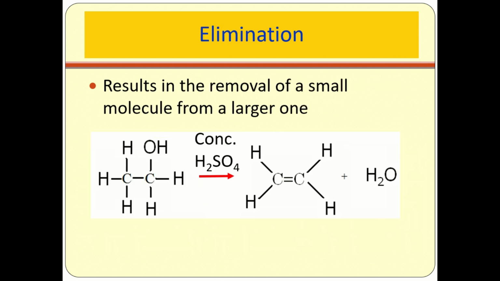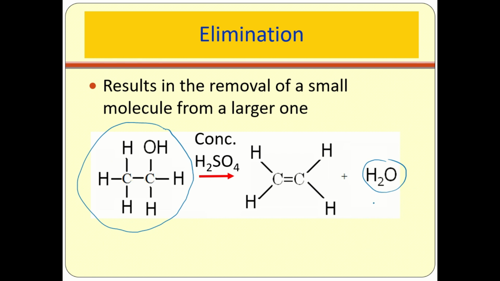An elimination reaction always starts with a larger molecule, removing a small molecule to form a smaller product. So what kind of smaller molecules are they always removing? Water is one of them. See, water is small compared to the molecule that we start with at the beginning.